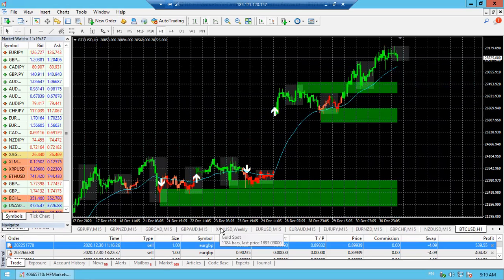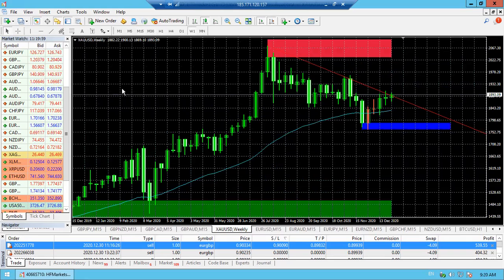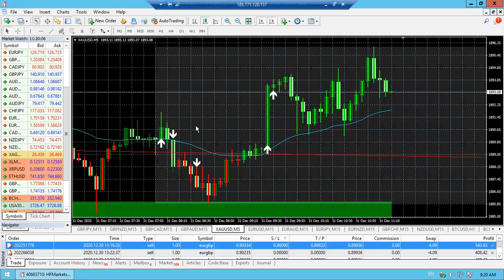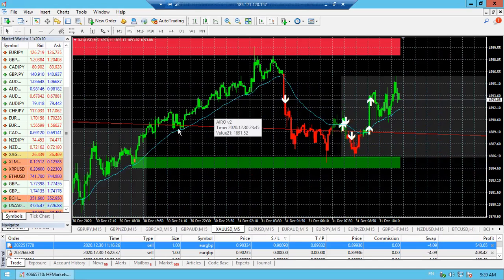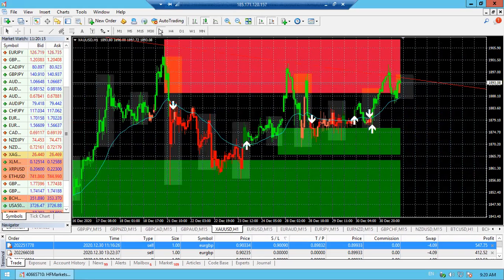Let me change my gold back to 5 minutes, because on this 5 minutes I have to see the sell signal to place the trade. Let me see 1 hour. Oh no, let me leave it at 1 hour.